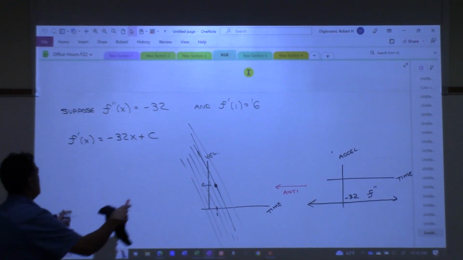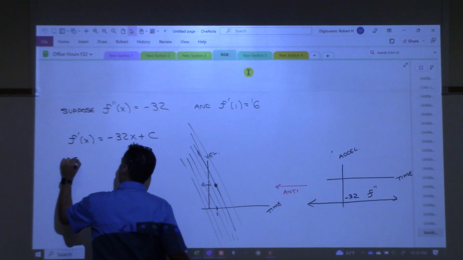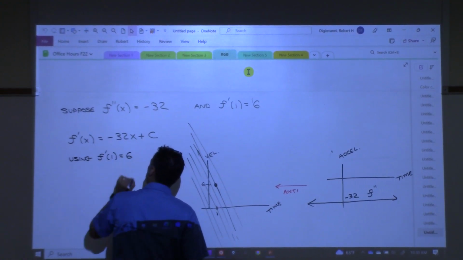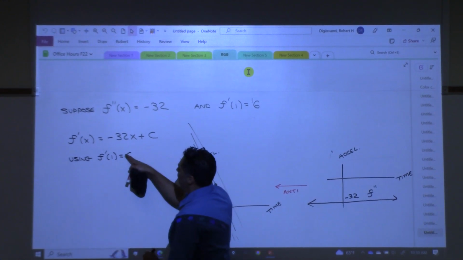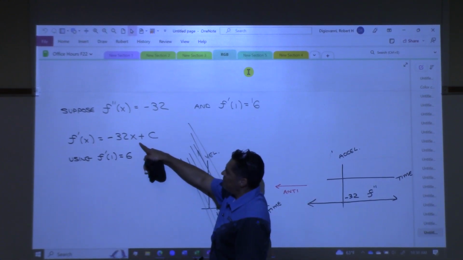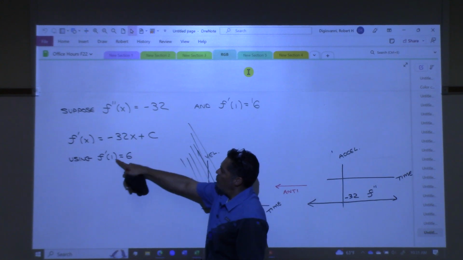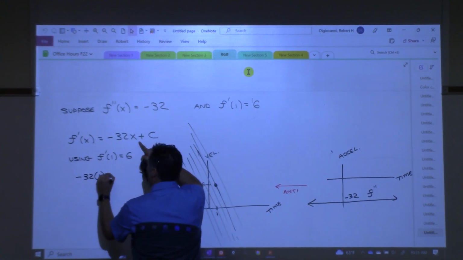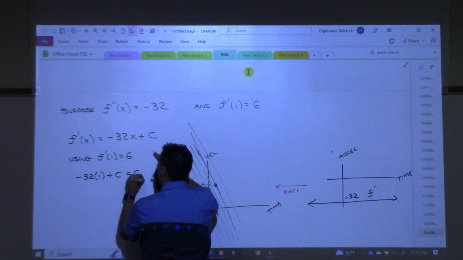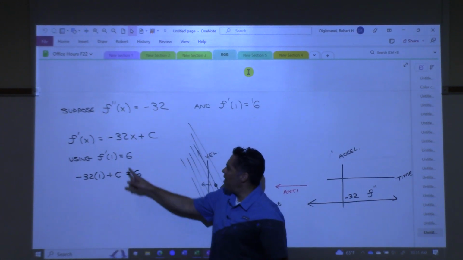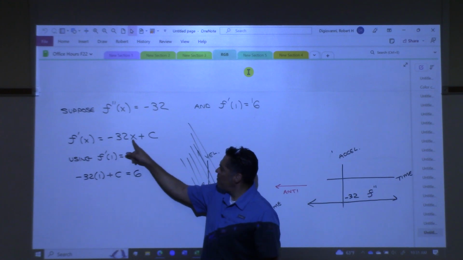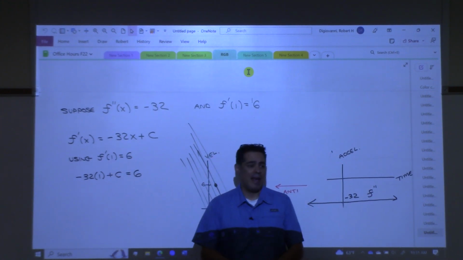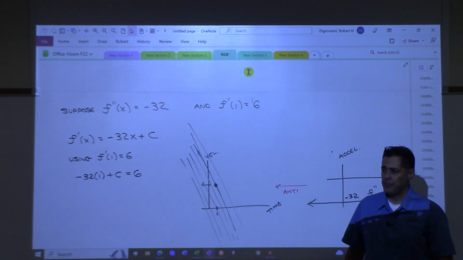So using this information, using now that f prime of 1 is 6, I know that when I plug what into this, I get 6? 1, right? So let's take that, negative 32. Let's replace the x with 1. Do plus c and say that must equal 6. See, I'm taking my derivative, I'm replacing 1 for x, and then I leave the c, and then I say, hey, that has to equal 6. And that allows you to solve for c, doesn't it?